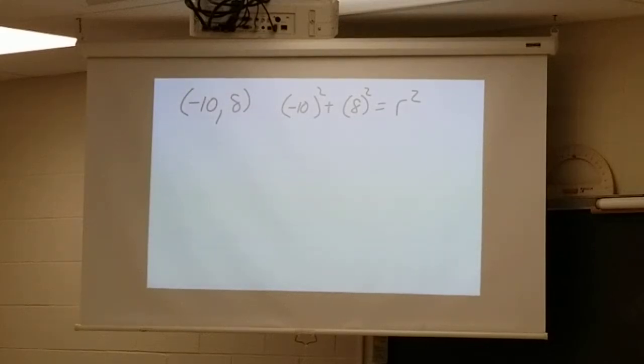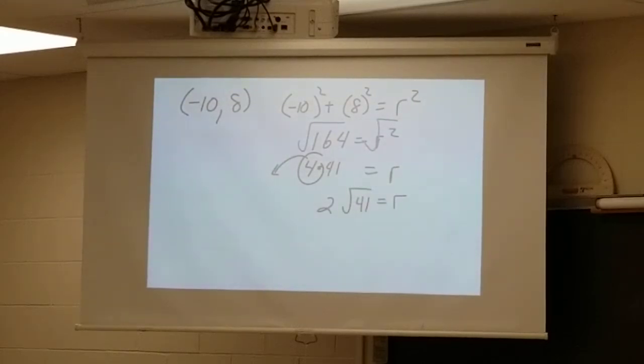Now you end up with 164 for r squared, which means you're going to take the square root for r. You have to be willing to break down the square root of 164. There's a 4 inside of there, which is a perfect square, and there's a 41. The 4 is the one that comes out as a 2. So we end up with 2 root 41.